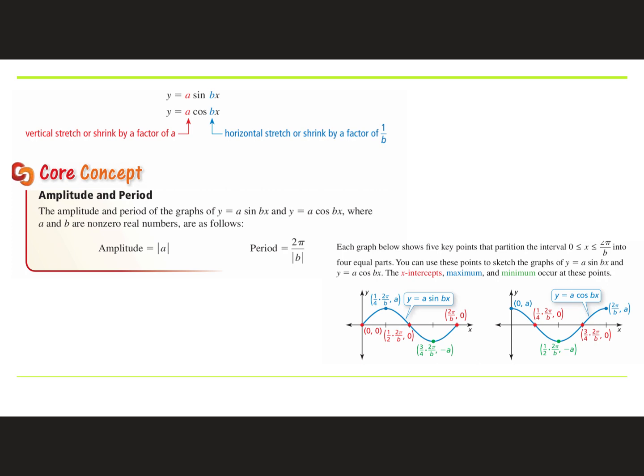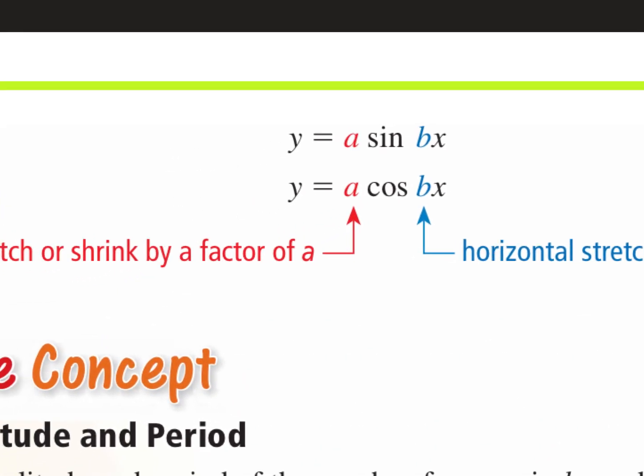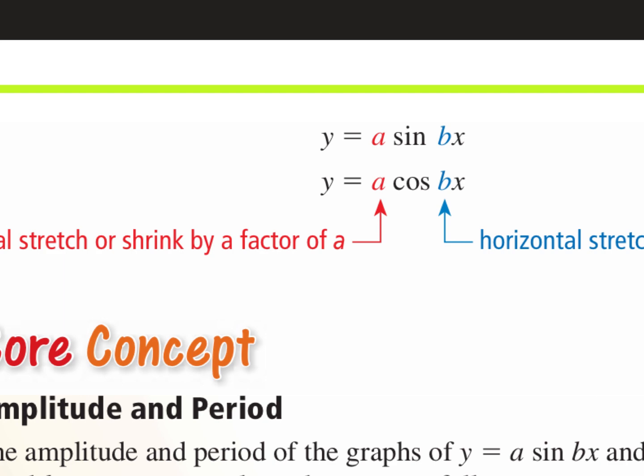So we're going to be given sine and cosine functions to graph. Sometimes we may have a number out front. This number out front tells us the amplitude. So that's just how high and how low we go. If there's no number out front, then you just go up to 1 and down to -1. But if you had something like 2, our graph would go up to 2, down to -2.